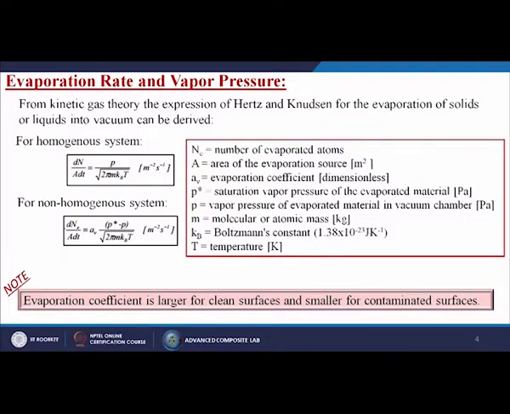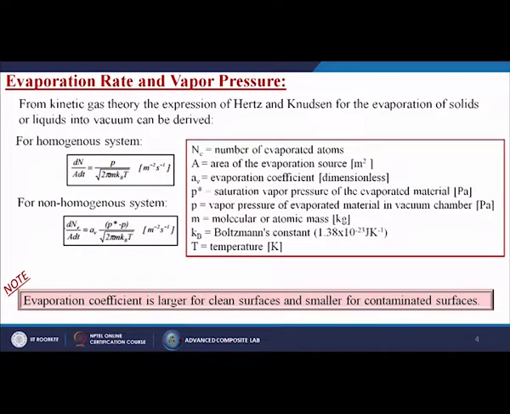Here N_e is the number of evaporated atoms, A is the area of the evaporation source in meter square, A_v is the evaporation coefficient, which is dimensionless, P prime is the saturation vapor pressure of the evaporated material in Pascal, small p is the vapor pressure of the evaporated material in the vacuum chamber in Pascal, m is the molecular or atomic mass in kg, k_B is the Boltzmann constant, 1.38 into 10 to the power minus 23 joule per Kelvin, and T is the temperature in Kelvin.